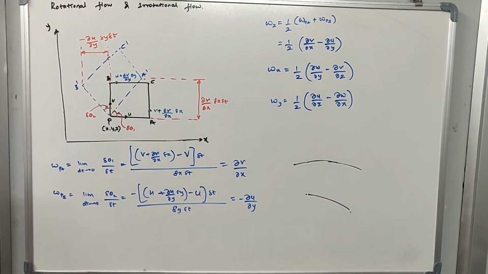There is a small experiment which you can do at home to understand whether the water particles rotate about their mass center while moving or not. For that, you go to your sink, open up the tap, and let the water flow into the sink.